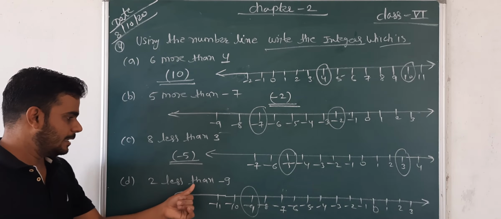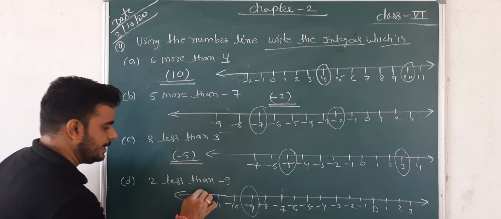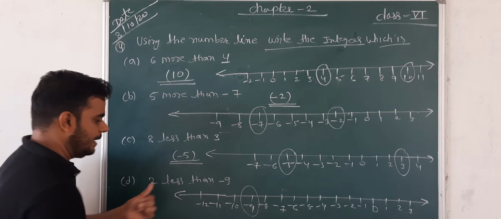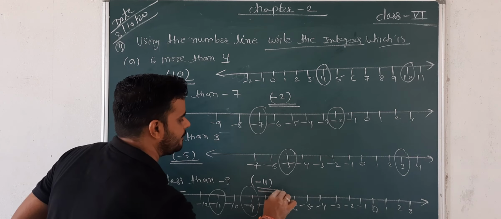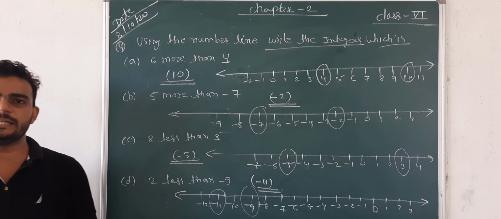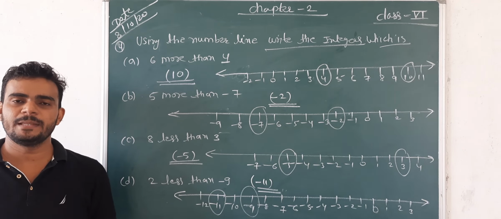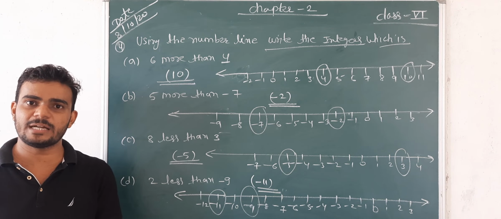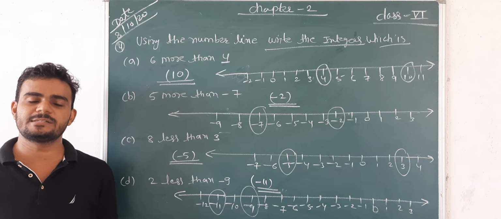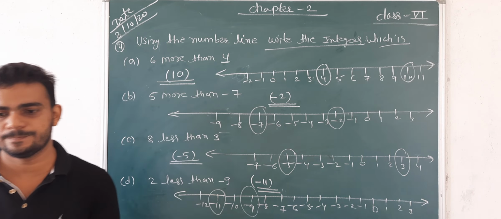Now less than 2. Less than means left hand side. How much? 2. 1, 2. So the fourth answer is negative 11. So this is the way, as second, third and fourth are the same type of question. So you just take the screenshot and write in a notebook.